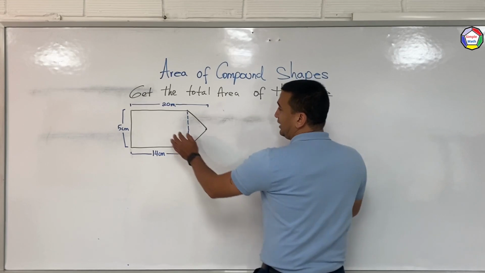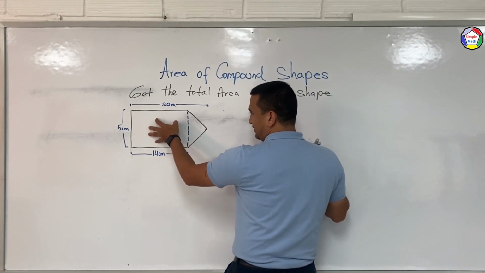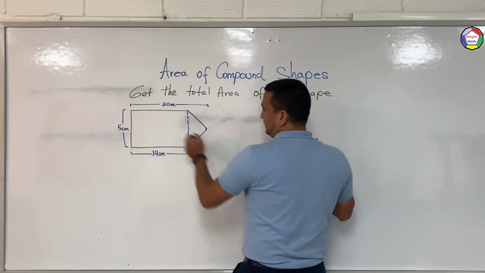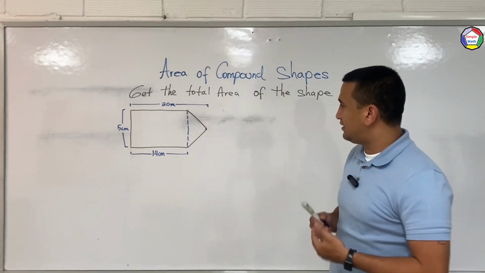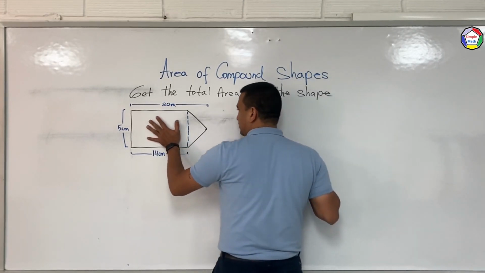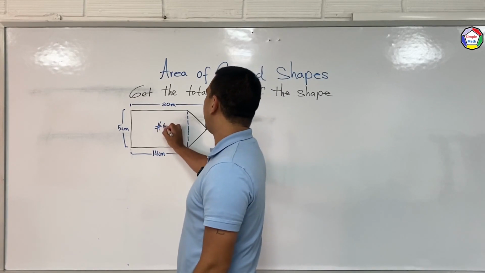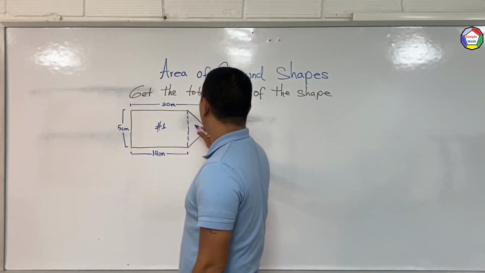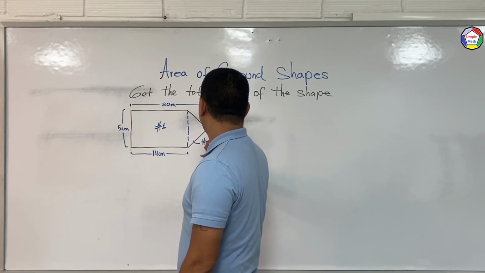First we calculate the area of this rectangle, which is very easy. You need to remember the formula of a rectangle. Let's call this the shape number one, and this one the shape number two.